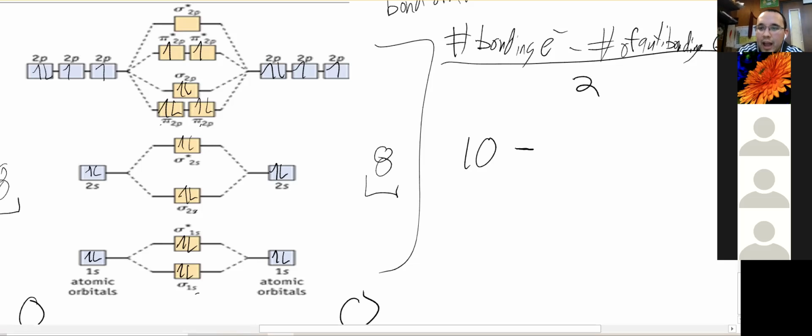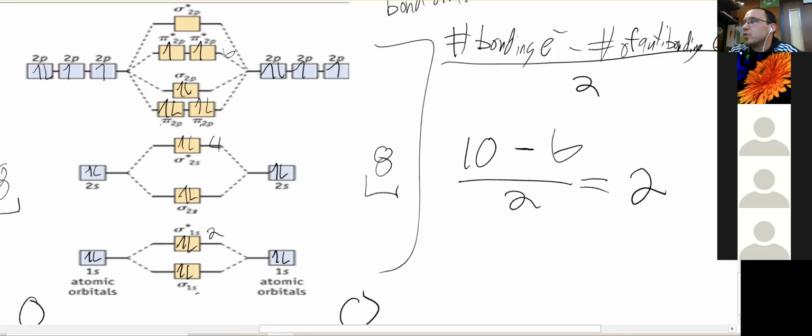Very good. How many anti-bonding electrons do we have? If we only had 4, then we would only have 14 electrons, but we should have 16. So 2, 4, 6, we have a total of 6. So the bond order for this one becomes 10 minus 6, so 4. 4 divided by 2, and so the bond order is 2.